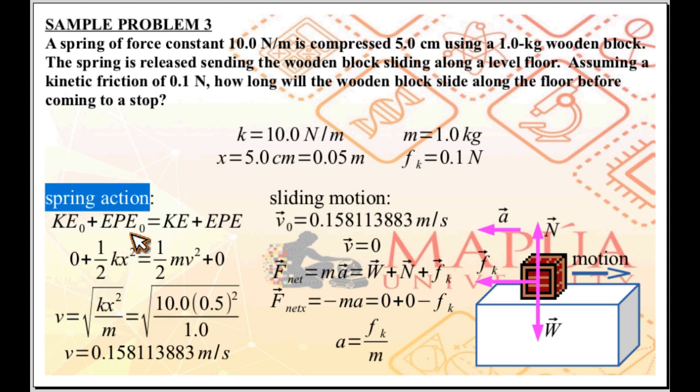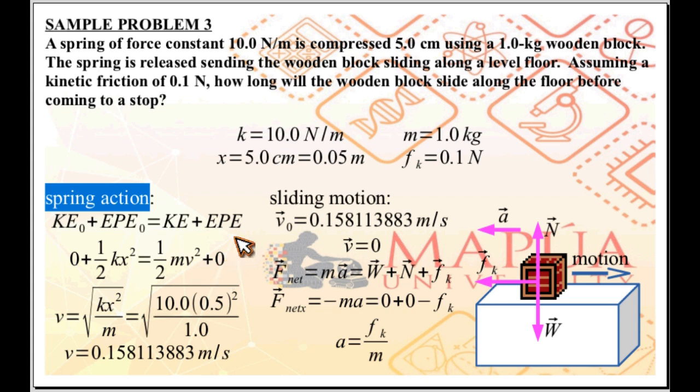It has elastic potential energy, 1/2 kx squared. In the final case, the spring imparts speed on the wooden block, so it has kinetic energy final, 1/2 mv squared. And the spring now is uncompressed, it has been released, therefore, it no longer has elastic potential energy.